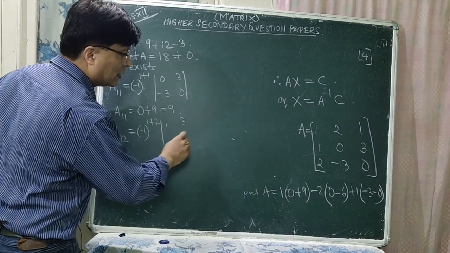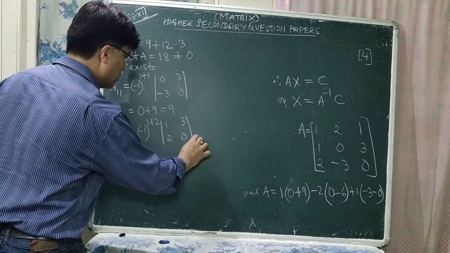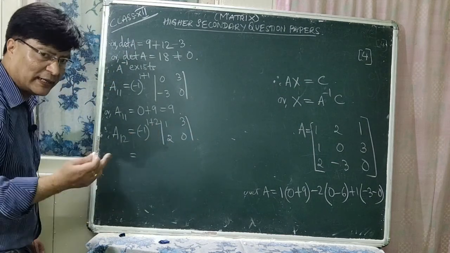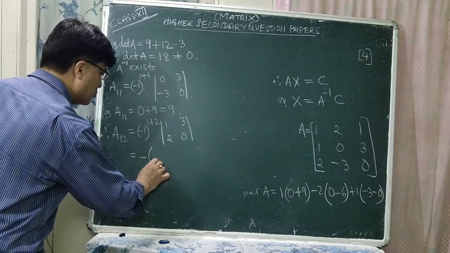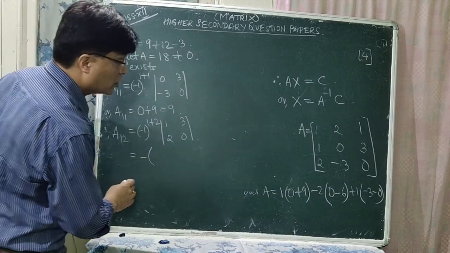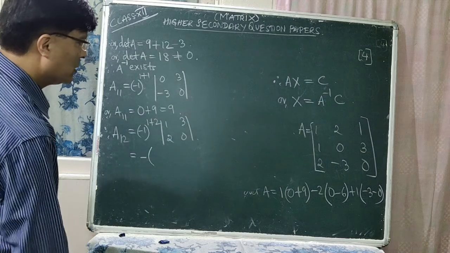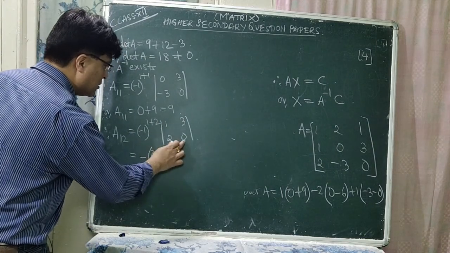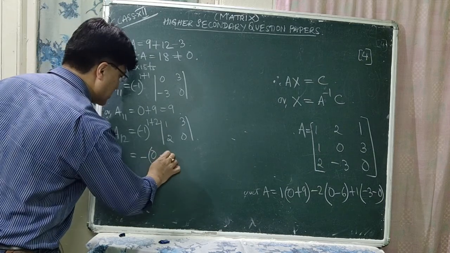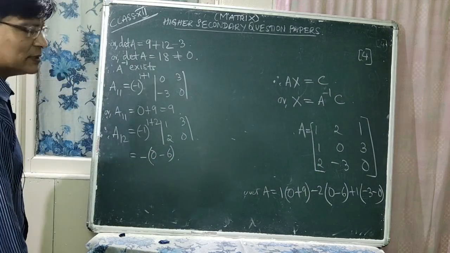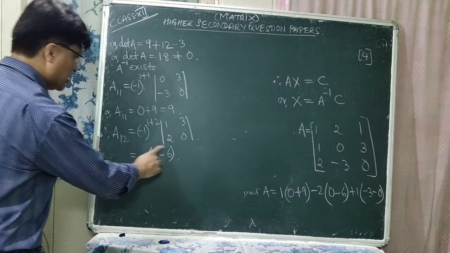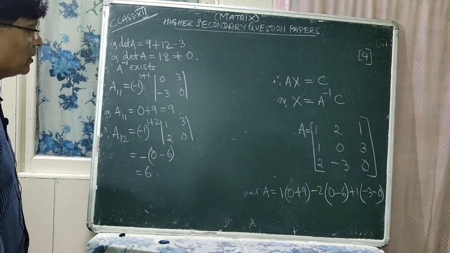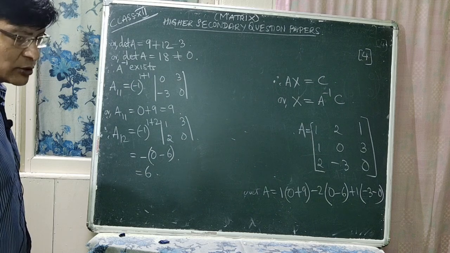Which is equal to, what is minus 1 whole cube? That is minus 1. Within bracket: 1 zeros are 0, then minus 6. So 0 minus 6, which is equal to 6 only. So I think you have understood it.